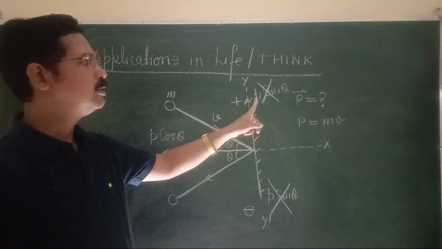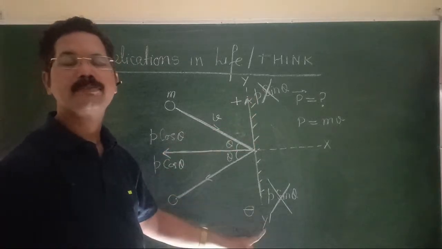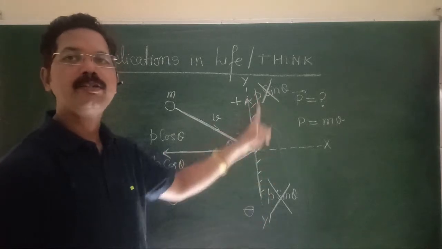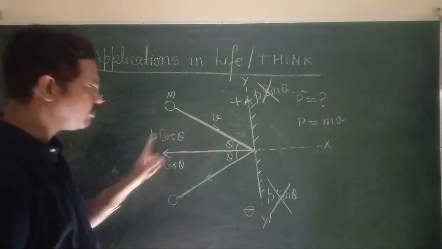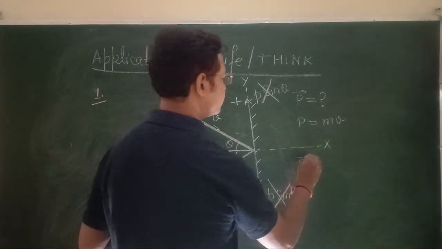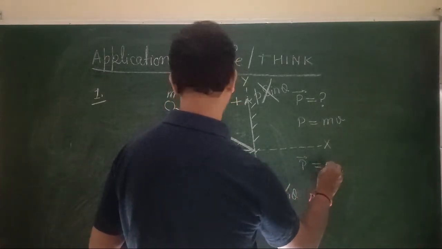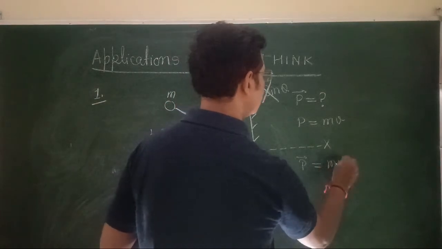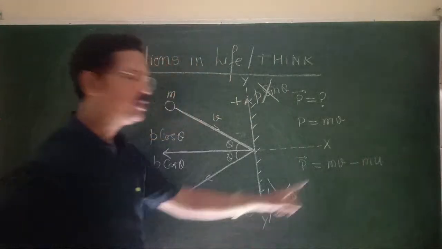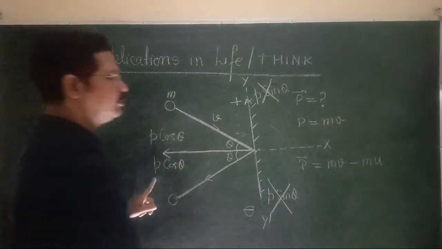Then this is plus 10, this is minus 10. They cancel out. But the total momentum is final minus initial, mv minus mu.